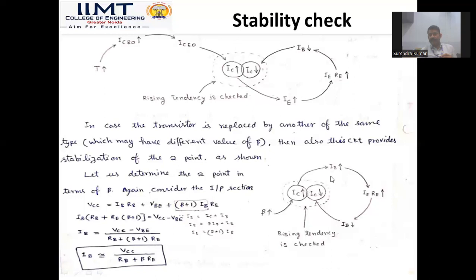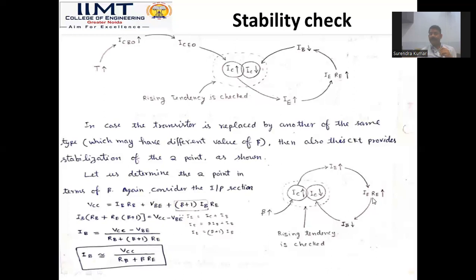You can understand this diagram. As beta is going to increase, because collector current depends on beta, which is equal to beta IB, the collector current will also increase initially, and then this collector current will affect this emitter current because both are almost equal. And again, we are getting an incremental change in IE RE.